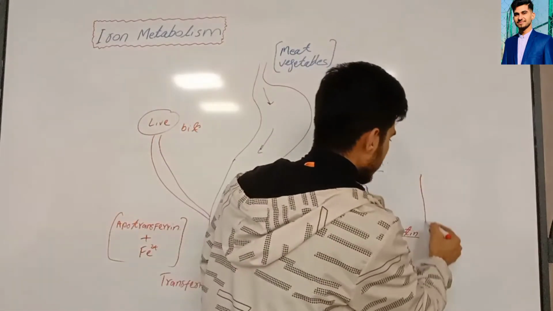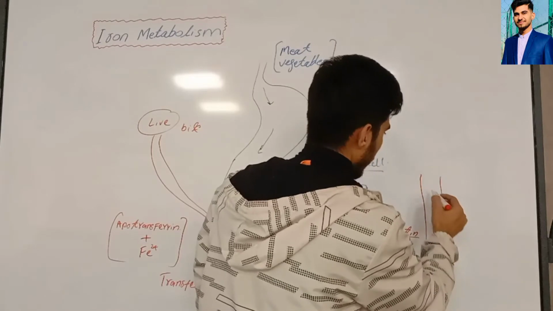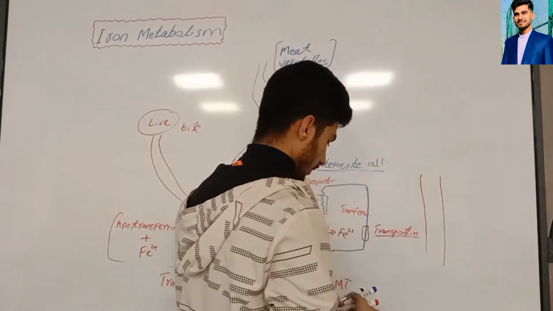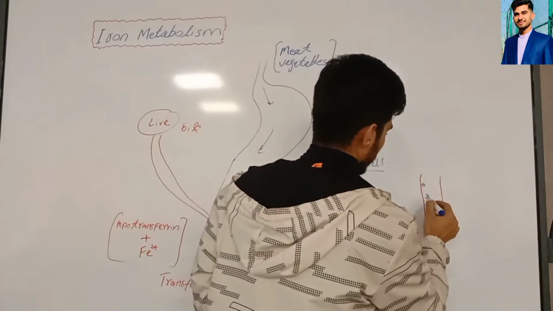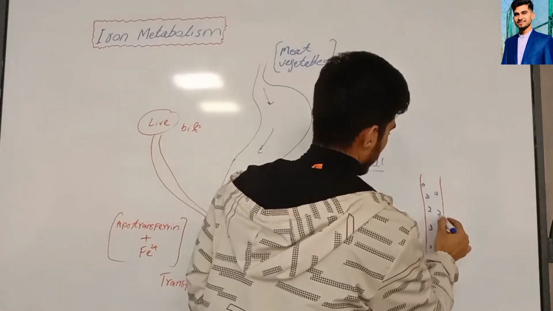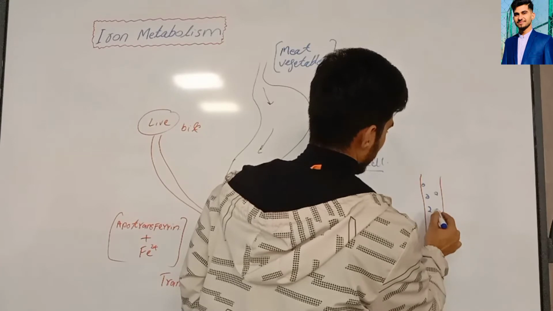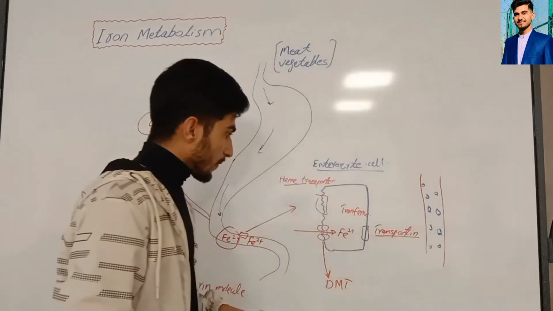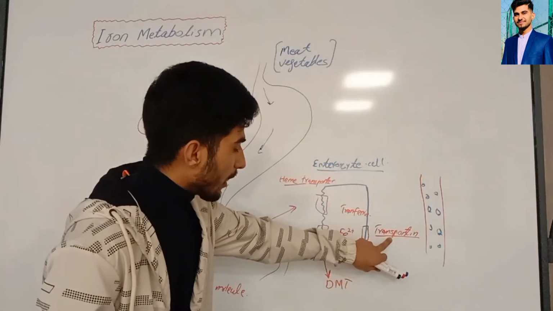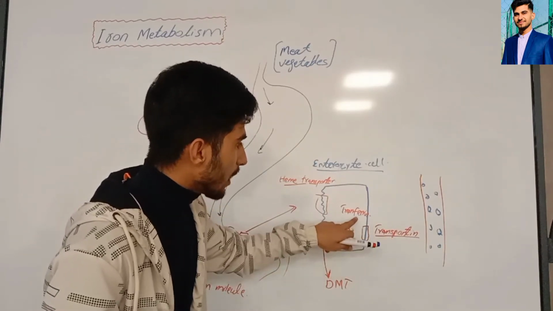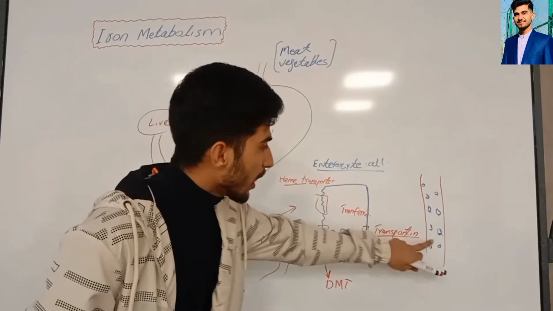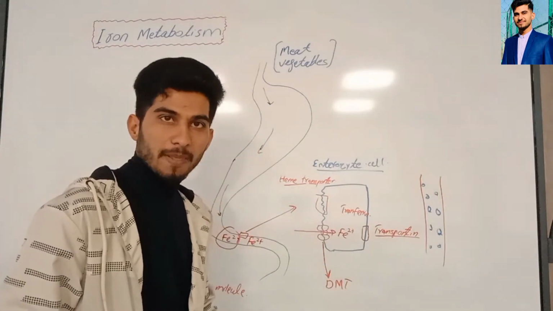This is the blood vessels. So this transporter will transport the iron in the form of transferrin into the blood vessels.